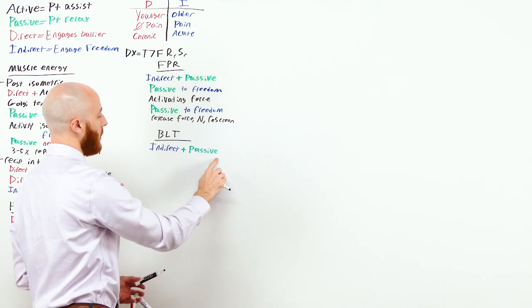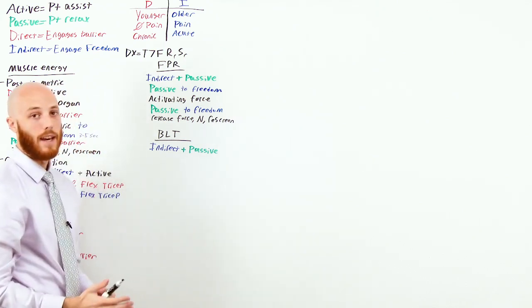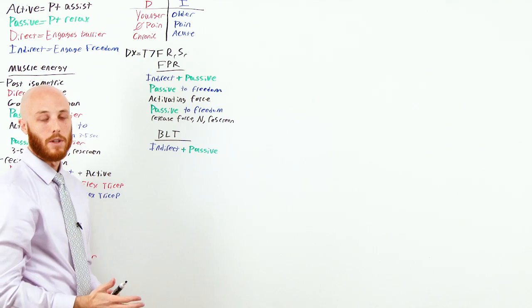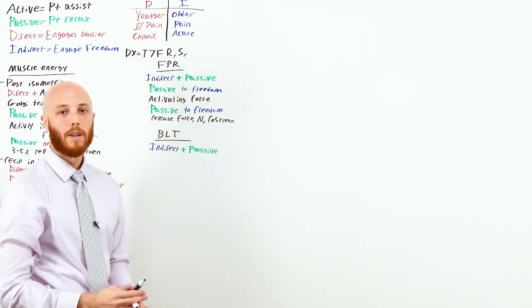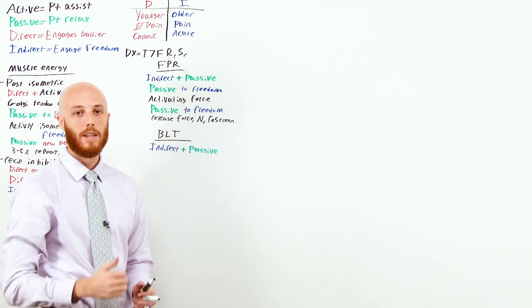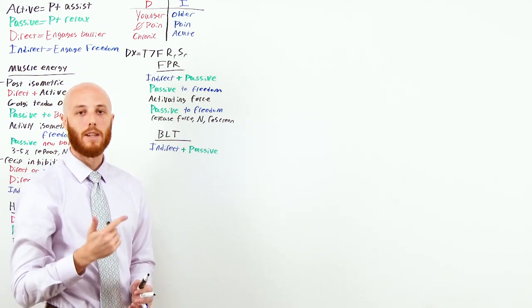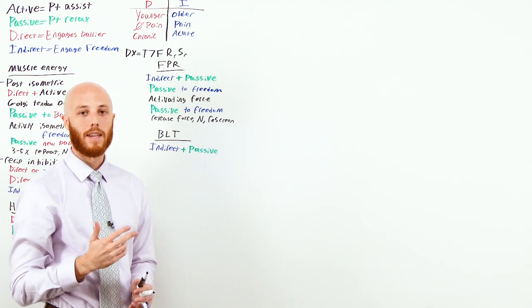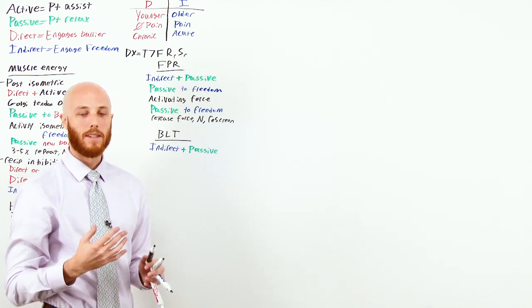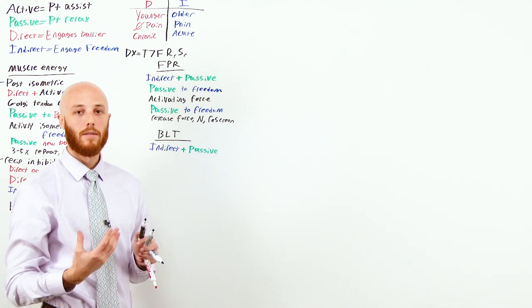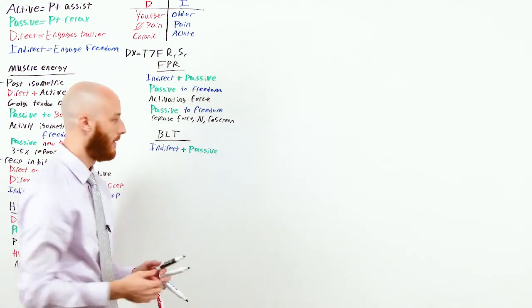The next step that you're going to do is engage the freedom in 3 planes of motion. So think about 3 planes of motion of the diagnosis. You have flexion extension, rotation, and side bending. You want to engage the freedom, or what makes the tissues all neutral, during your first step of the treatment.